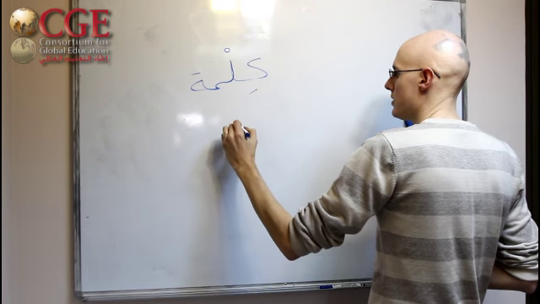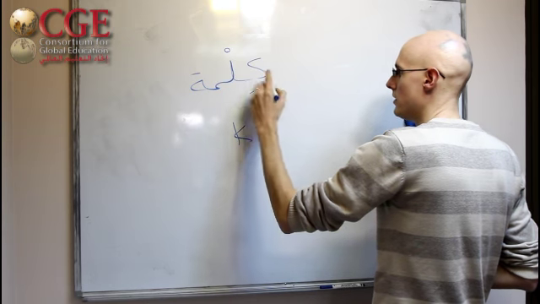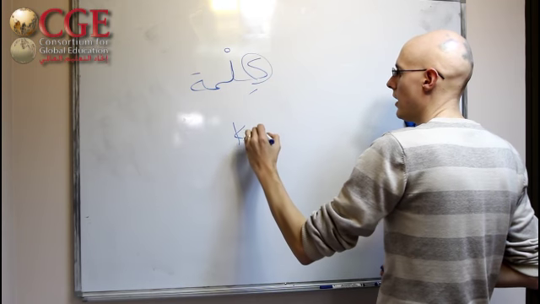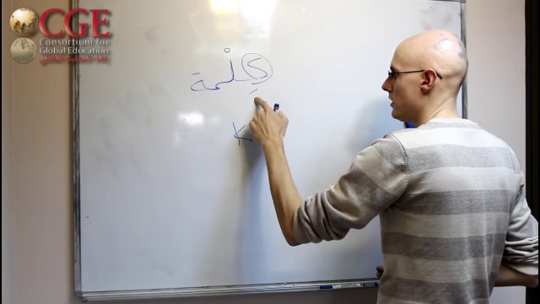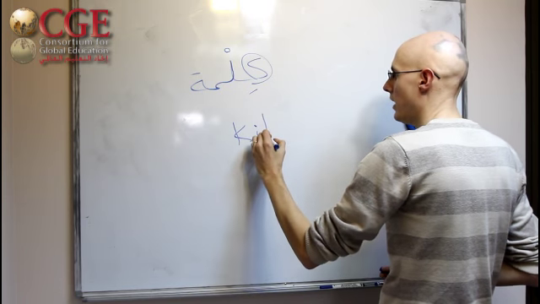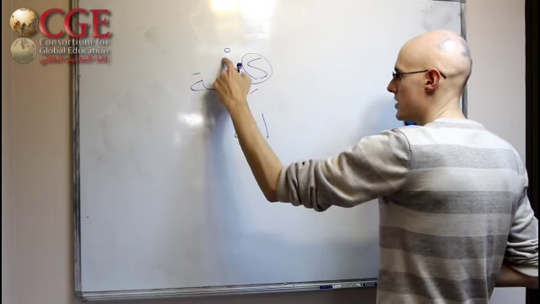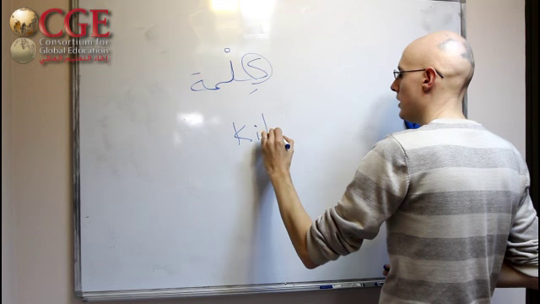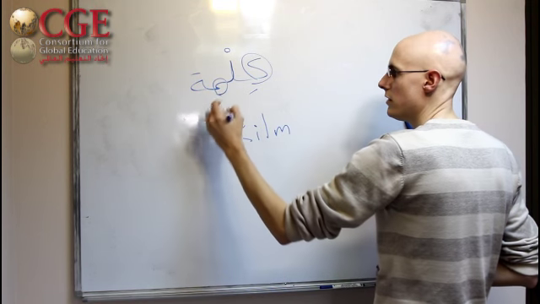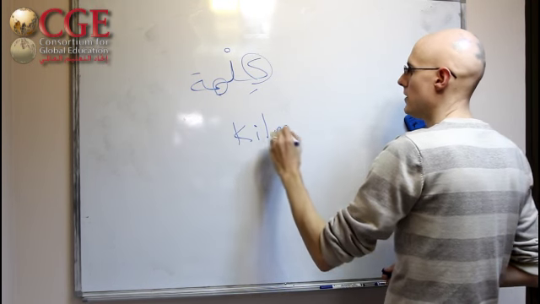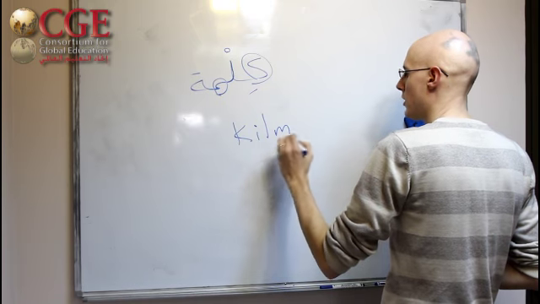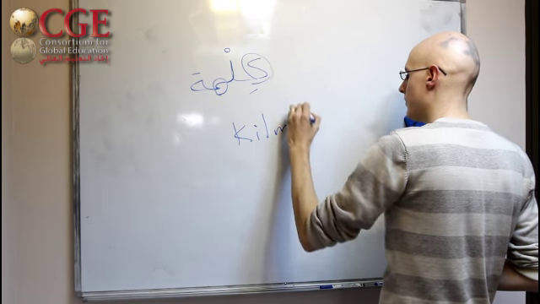What we have here is, first of all, a K, followed by an I-class vowel, by an L, with the absence of a vowel, and then an M. This is an M, if you're wondering what that is. And then that feminine marker, which is an A.